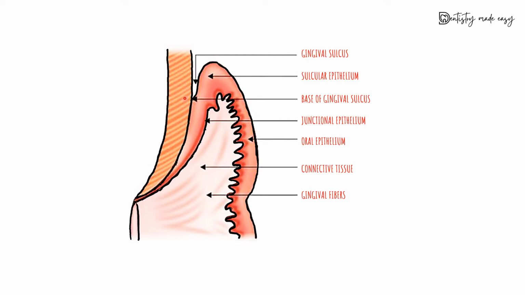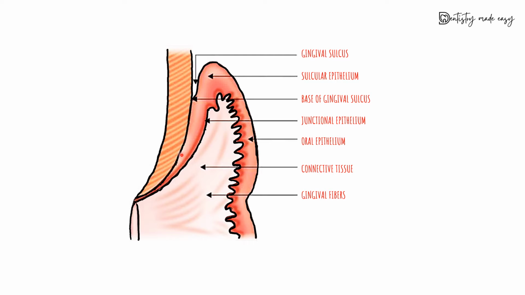So over here, this is the base of the gingival sulcus, and the plaque which is getting accumulated in this region of the gingival sulcus contains a number of bacteria. So that bacteria will enter through this junctional epithelium into the connective tissue, which will progress towards the inflammation. So the next important structure which will lead to the inflammation, after the gingival sulcus, is the junctional epithelium.